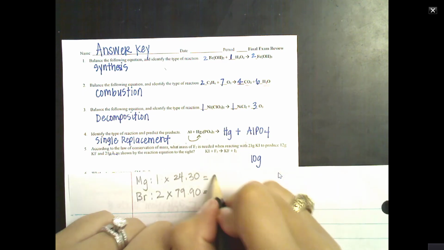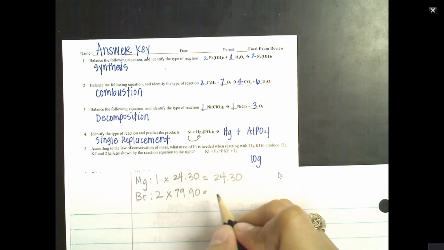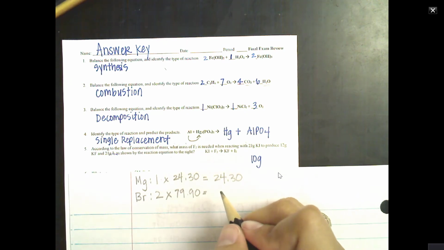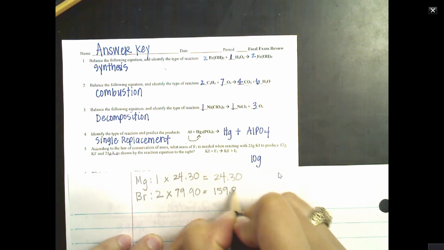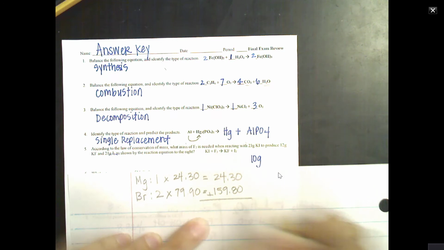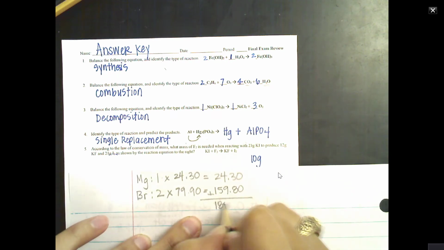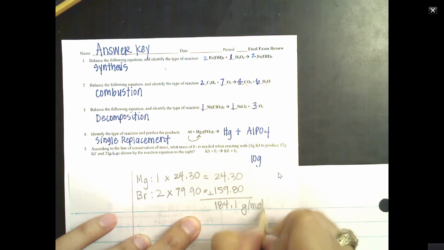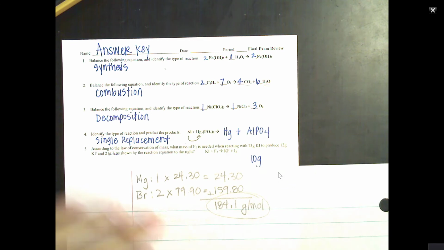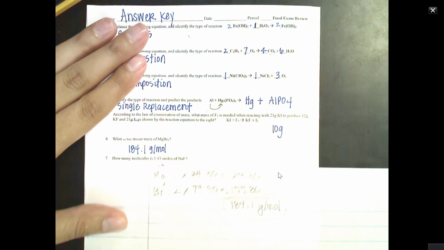So I multiply these. 24.30 times 1 stays the same, but 79.9 times 2 is 159.8. Now I add those together, and we get 184.1 grams per mole, because those are the units of molar mass. And so that's how we get number 6 right there, 184.1.